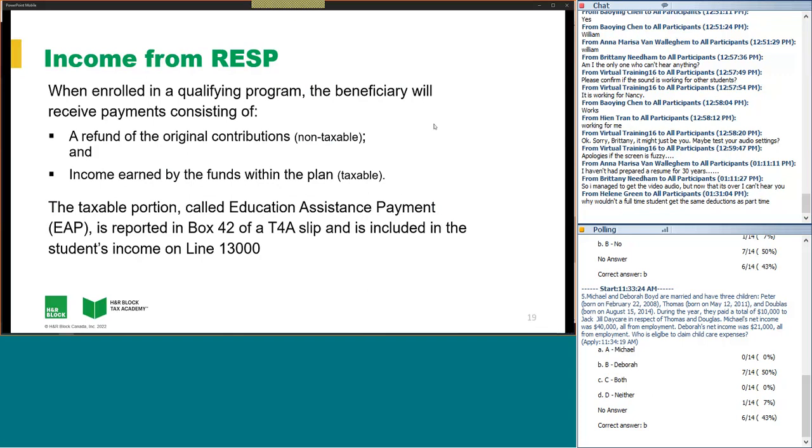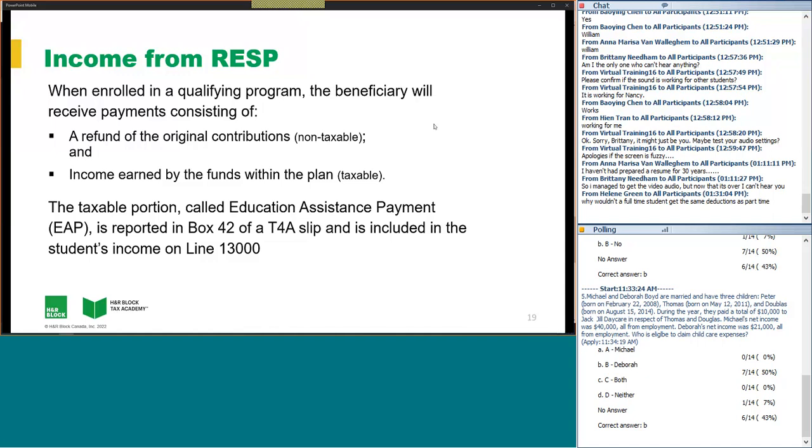The beneficiary is going to receive payments that come in two pieces. Part of it will be the original contributions, and because those were already taxed, because you didn't get a deduction when you put the money in, that portion is tax-free. And then the portion that's the growth, the income from the investments within the plan, the growth portion is taxable. Okay?